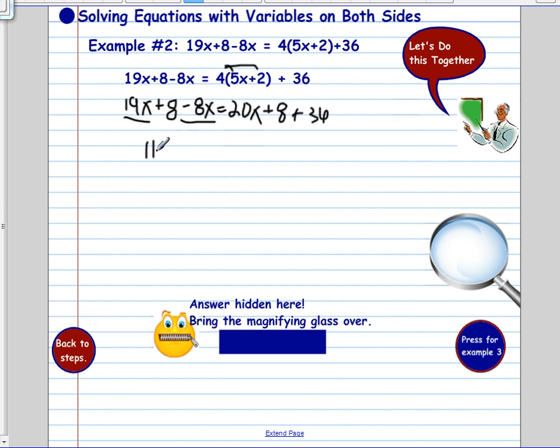So that's going to be 11x plus 8, because the positive 8 stays the same. And on this side, my like terms are 8 and 36, and since they're both positive, we're going to add, so we still have 20x. But our 8 plus 36 is going to be, sorry, my mistake, not 42, 44.